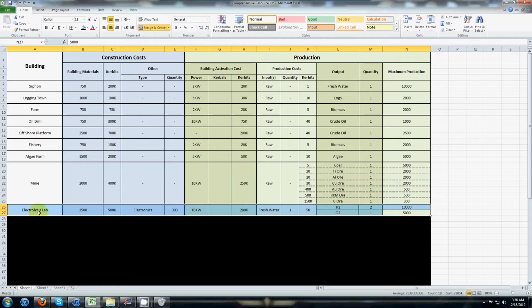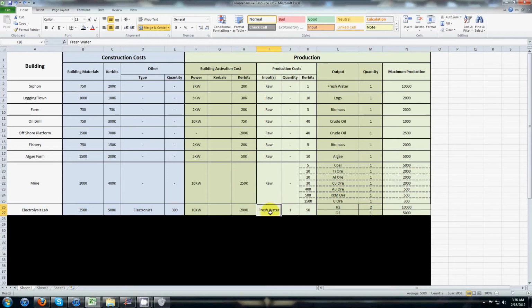So, for example, the electrolysis lab uses fresh water, which our siphon produces. It takes 1 unit of fresh water at a cost of 50 Kerbits to produce 2 units of H2 gas, up to 10,000, and, in addition, 1 unit of O2, up to 5,000.